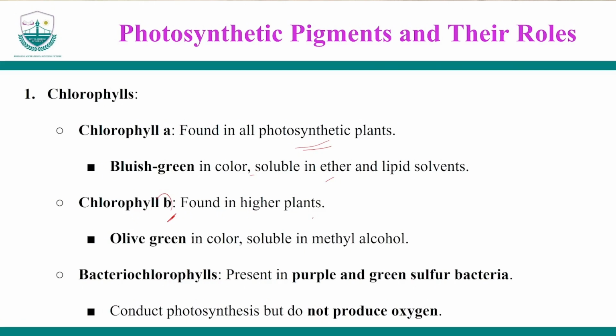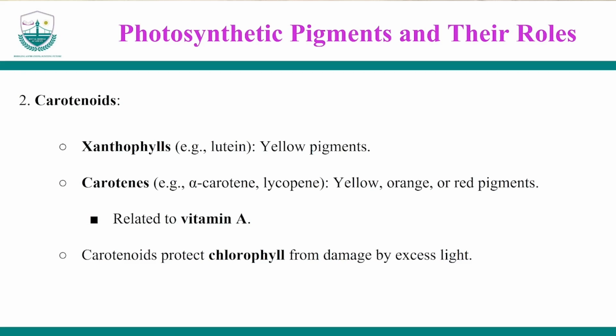And then we have bacterial chlorophylls. These are present in purple and green sulfur bacteria, which can carry out photosynthesis, but the unique thing is that they do not produce oxygen. So take note of that. Other pigments include carotenoids. These include the xanthophylls and the carotenes.